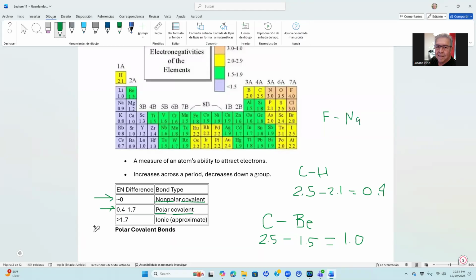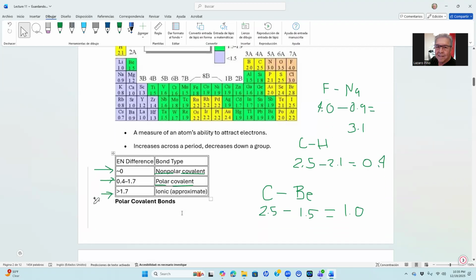Fluorine is 4.0 and sodium is 0.9. Then the difference of electronegativity in this case is 3.1. Then this compound, of course, is ionic. This is the way that you can determine the type of bond between two atoms.